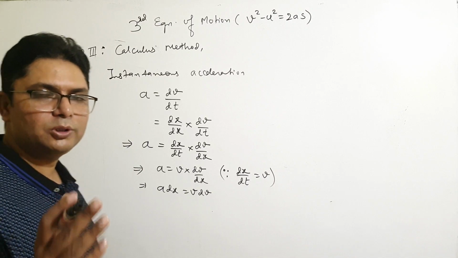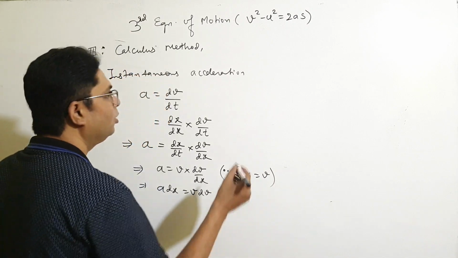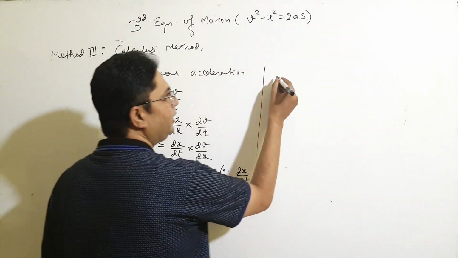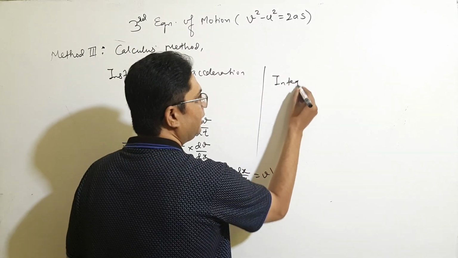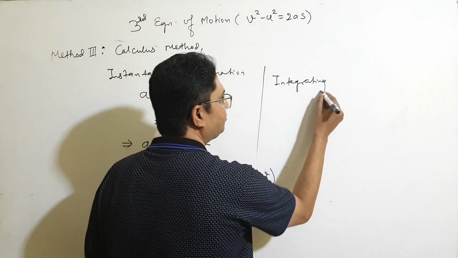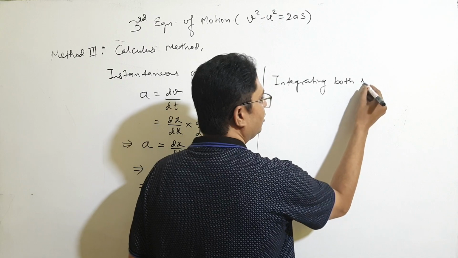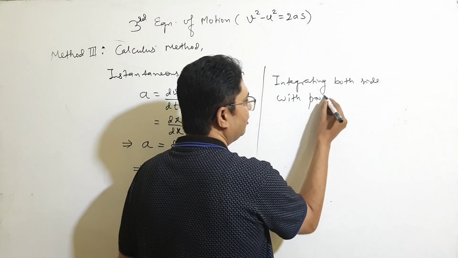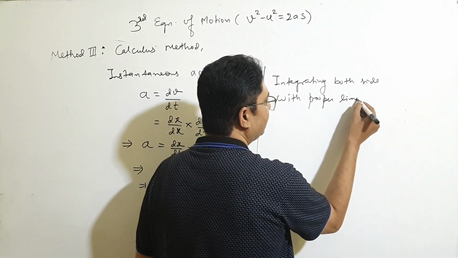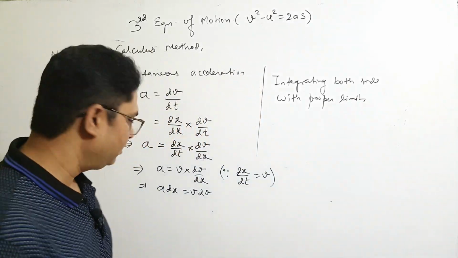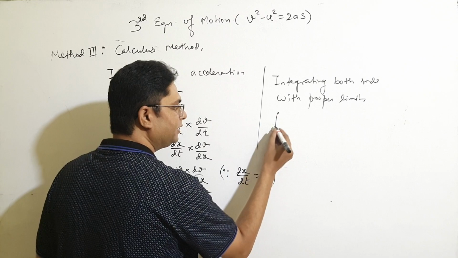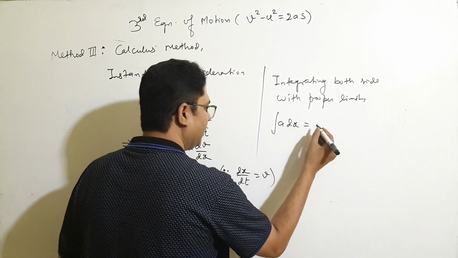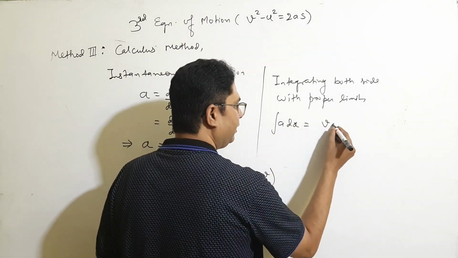Now integrate both sides with proper limit. So you have the sign of integration here: a dx is equals to v dv.